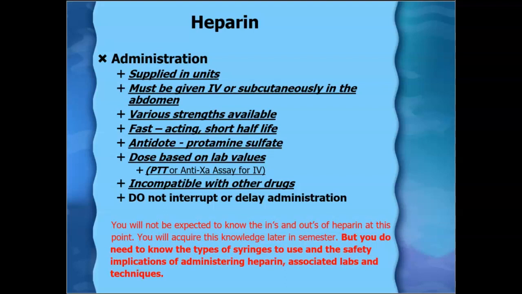There are various strengths available, just like with most meds. We have fast acting, shorter half-life medications. The antidote, which you should always know, is protamine sulfate. We do some heparin doses based on labs, so we'll get a PTT.